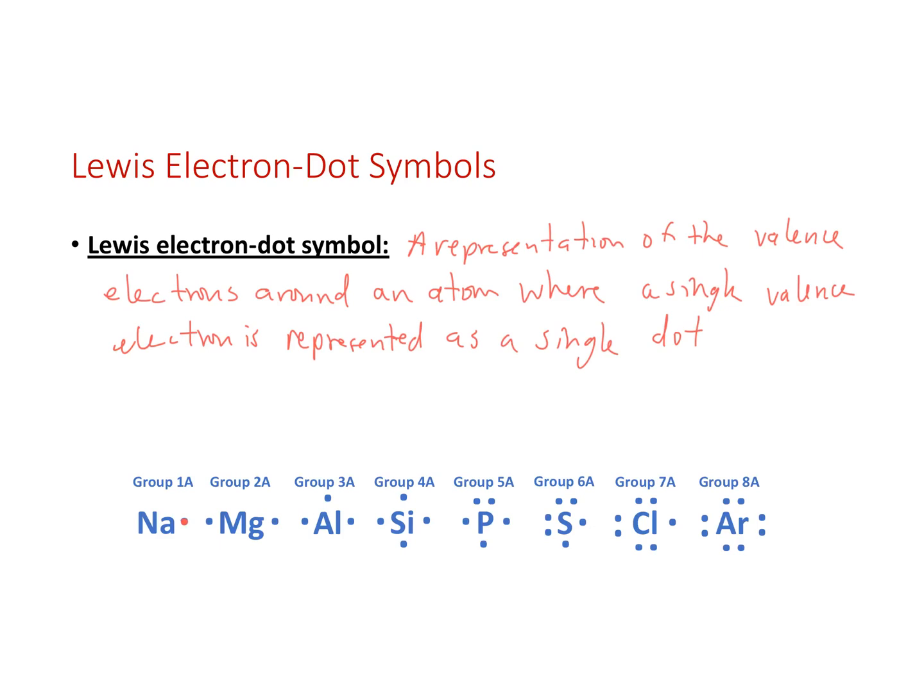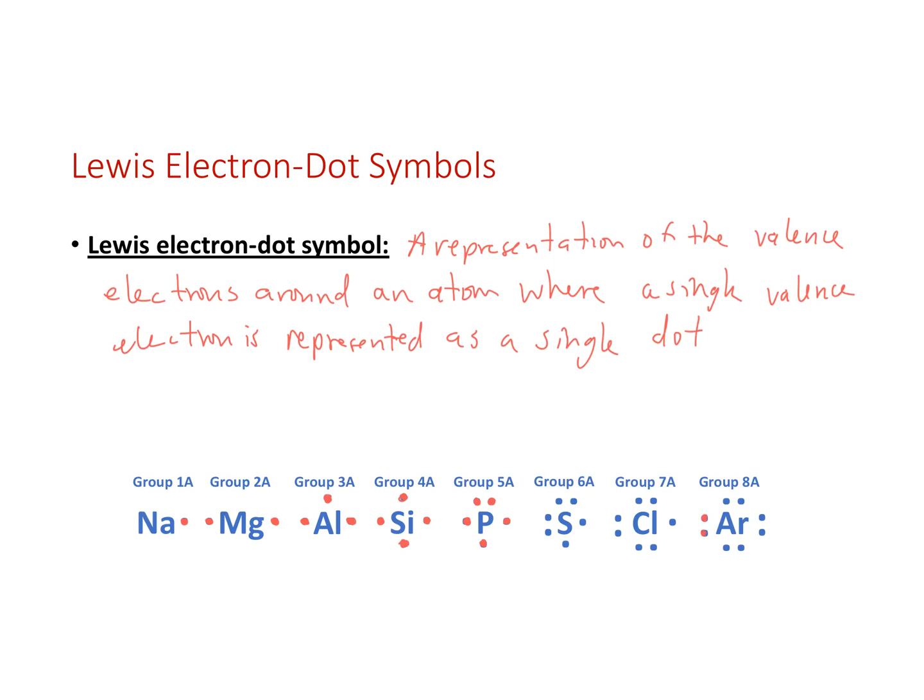Magnesium is group 2, 2 valence electrons, so 1 and 2. Aluminum is group 3, 3 valence electrons, 1, 2, and 3. Silicon is group 4, so 4 valence electrons, 1, 2, 3, 4. Phosphorus is 5, so 5 valence electrons, where each of those dots represents one electron, all the way up to argon.